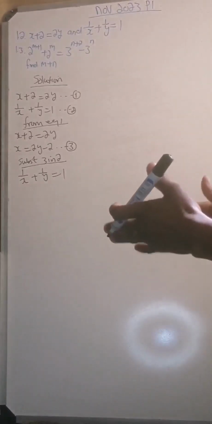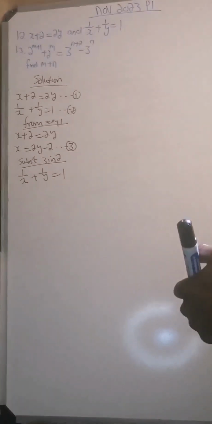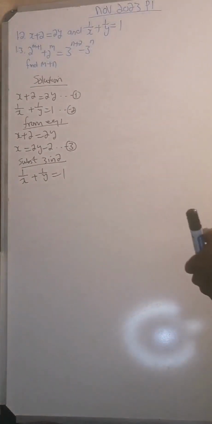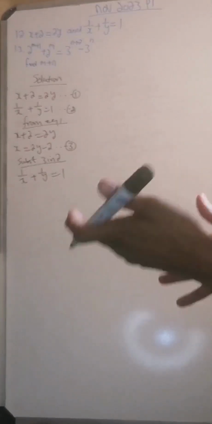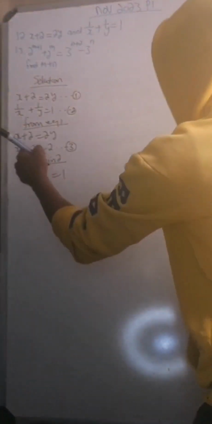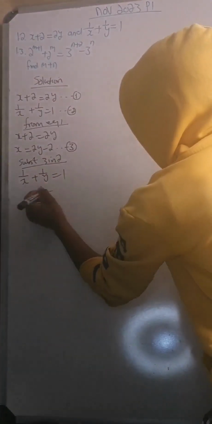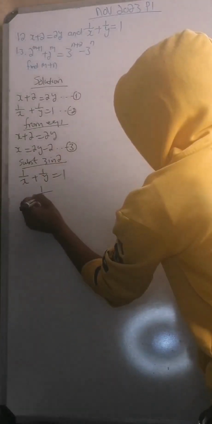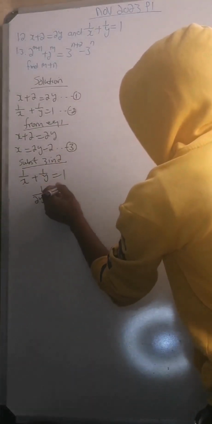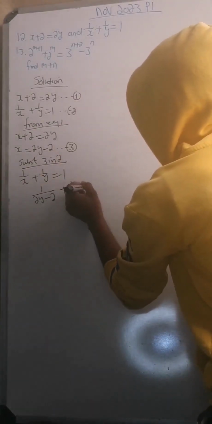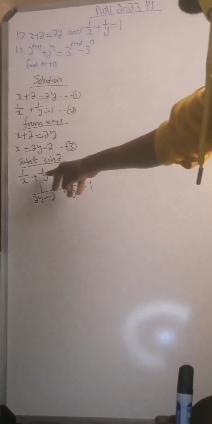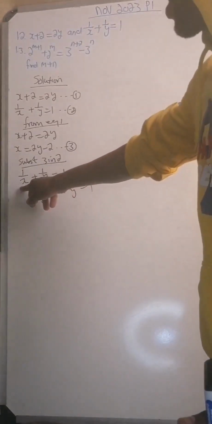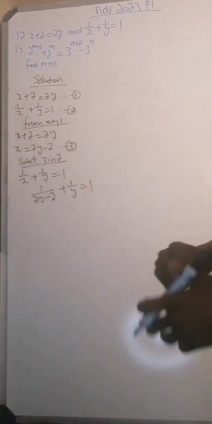I'm going to substitute 2y minus 2 where I see x. So I'm writing 1 over 2y minus 2 plus 1 over y equals 1. Remember, I'm substituting in this equation. Where I see x, I'm writing this.